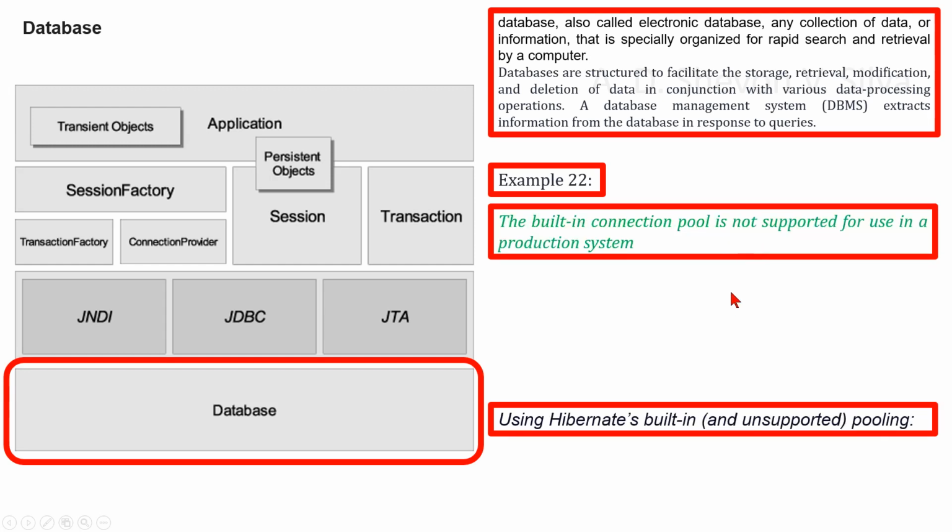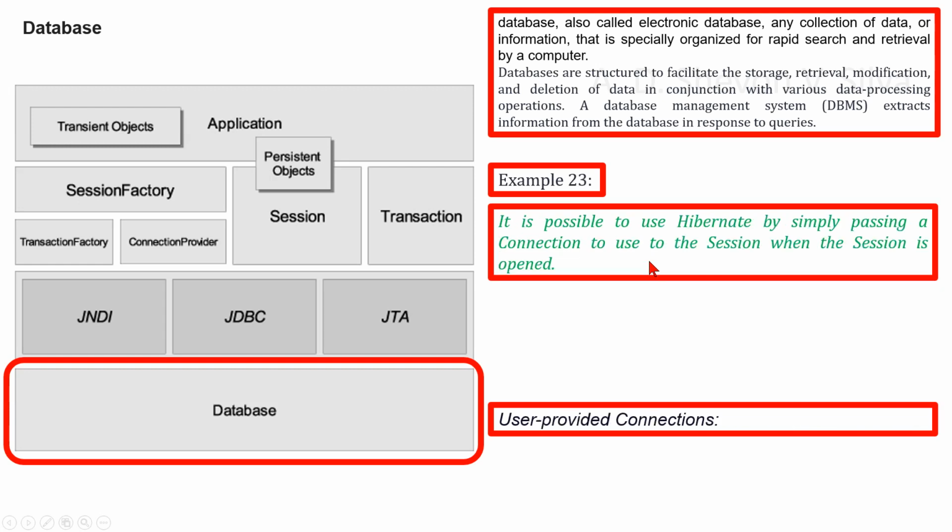Now we are considering using Hibernate's built-in and unsupported pooling. The built-in connection pool is not supported for use in production systems. So now we are considering user-provided connections. It is possible to use Hibernate by simply passing a connection to use to the session when the session is opened.